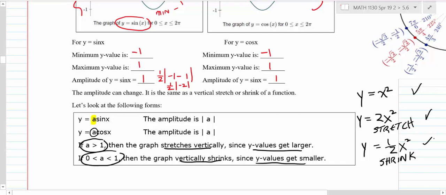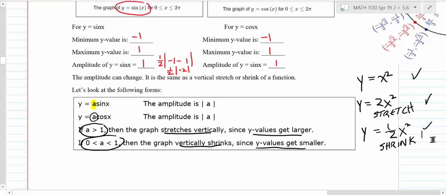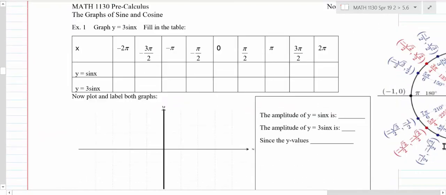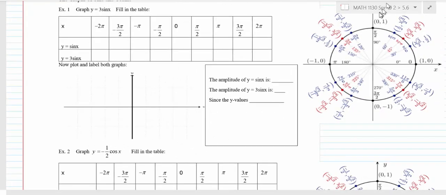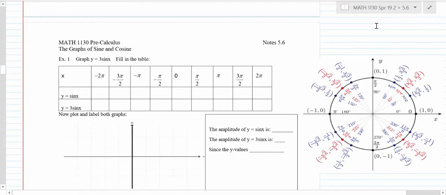It's stretch shrink stuff. It's the same stuff. Okay? All right. Well, let's do a graph where we have an amplitude change. So let's do a couple of those and get this put together then. Now, ultimately, what I try to get students to do on trig graphs is not have to do a table of values at all, but we're going to start that way.